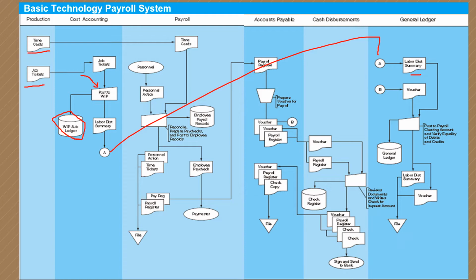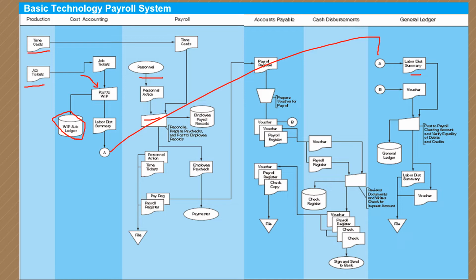The time card will also be an input, as well as the personnel information if there are any changes or personnel actions. These two documents will be keyed in at a terminal into the employee payroll procedures file, as well as to create a personnel action.